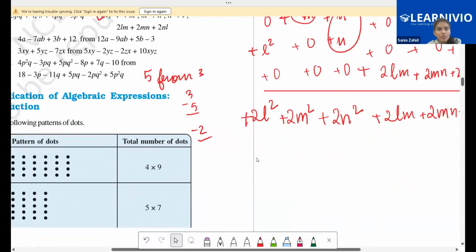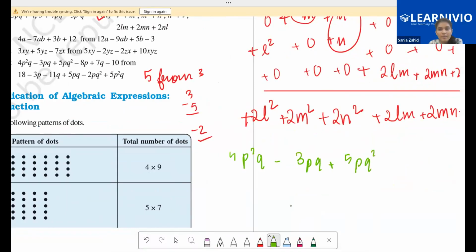So we have this question: 4p square q minus 3pq plus 5pq square minus 8p plus 7q minus 10.